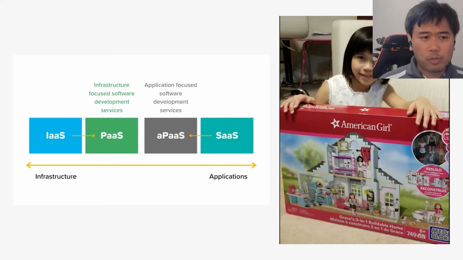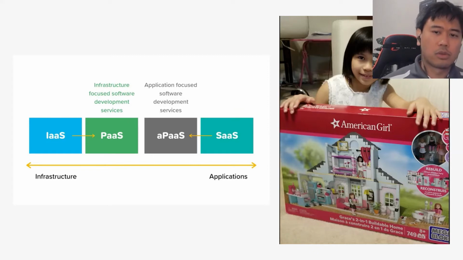Of course, we're already familiar with infrastructure as a service and more familiar with platform as a service, which focuses on software development and services. And we're somewhat familiar with software as a service that is available out there. So IoT Central is application platform as a service, which is application-focused software development services.